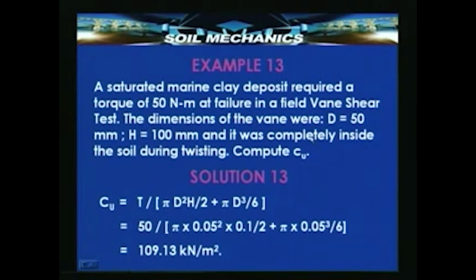It is also given that the vane was completely inside the soil, which means both the top and bottom surfaces participated in offering shear resistance. Compute the value of Cu. Obviously, Cu can be obtained by dividing capital T by this expression which we had derived earlier, and this will give us a Cu value of 109.13 kilonewton per meter square.